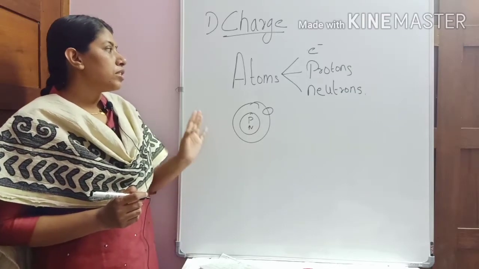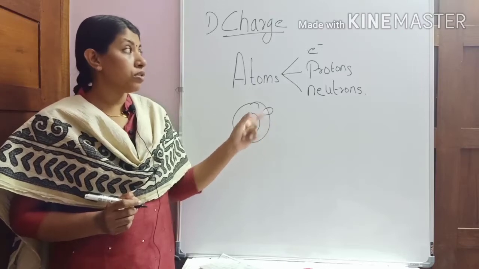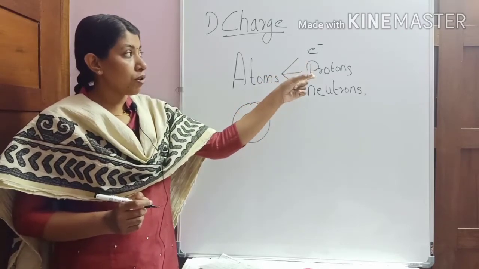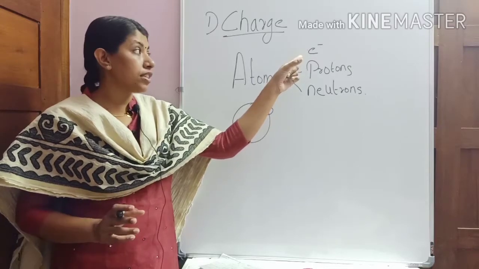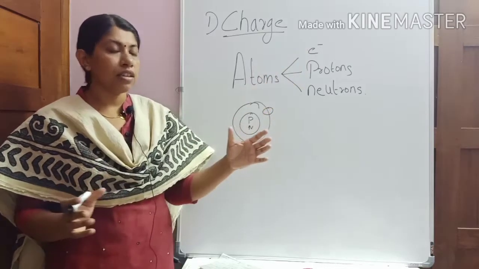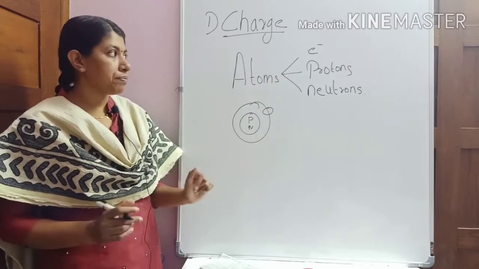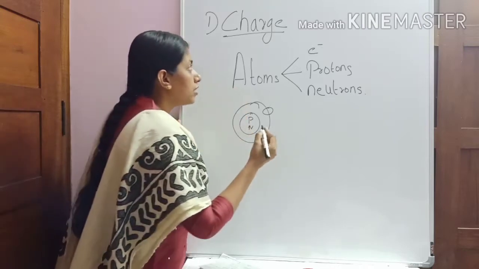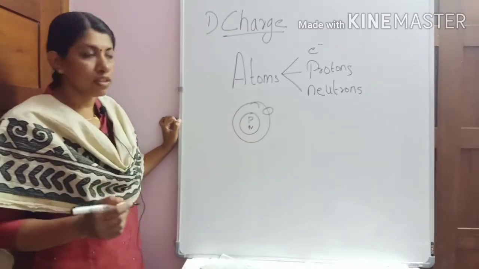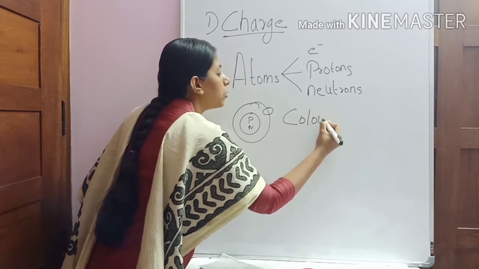Now an atom is said to be electrically neutral when the positively charged protons and negatively charged electrons are balanced. Now we will discuss the unit of charge. Unit of charge is coulomb.